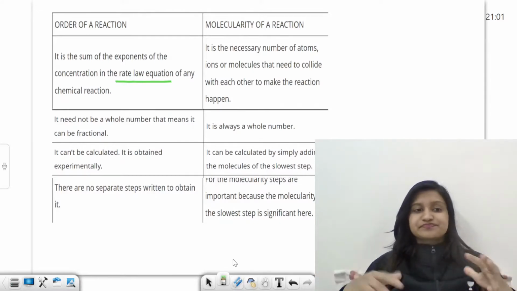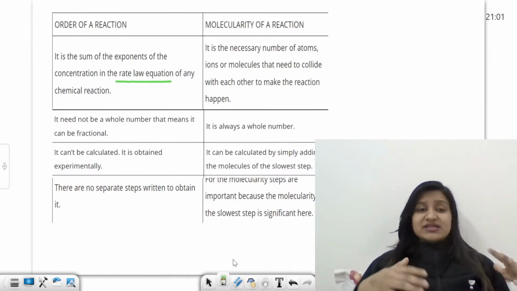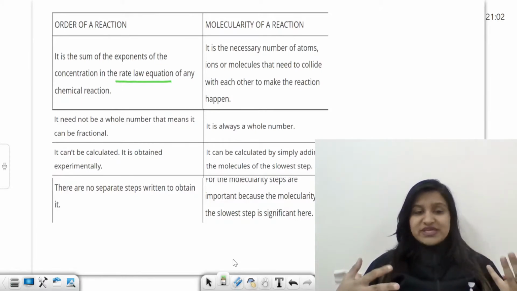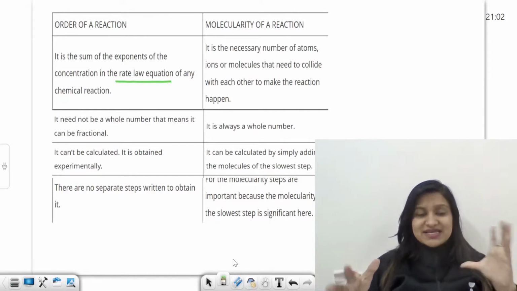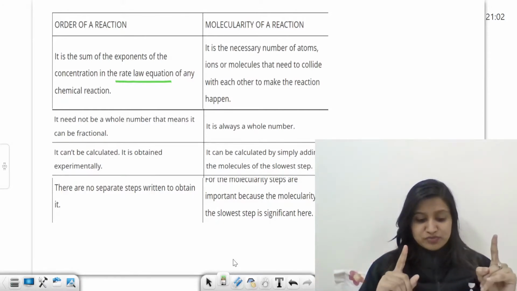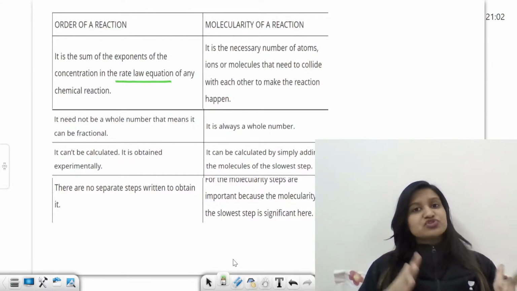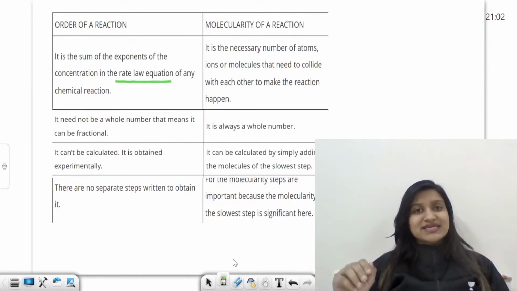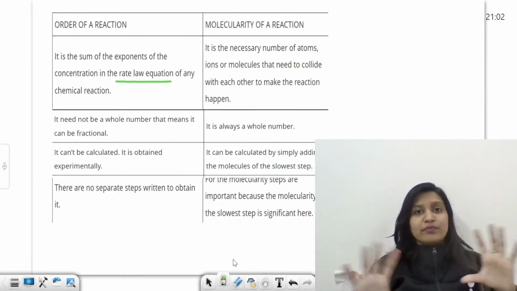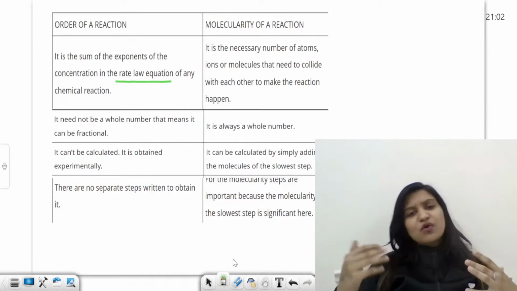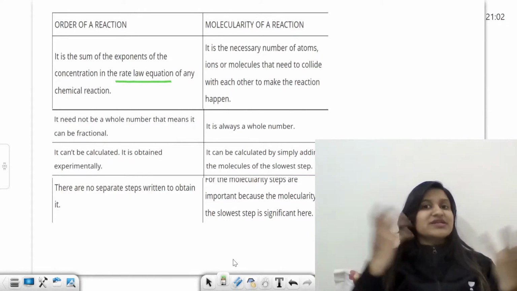Now, the order of the reaction does not always need to be a whole number. It may come out to be a fraction as well. But when it comes to molecularity, you cannot say that half an atom collided with 1.5 atoms. Molecularity is always a whole number, for example two atoms colliding with three atoms of another.